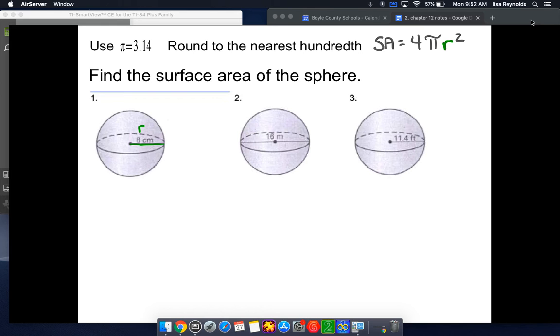So our surface area is going to be 4 times our value of pi. In these problems, we're using pi as 3.14, and this gets multiplied by the radius squared. So we're going to take the 8 and square it.